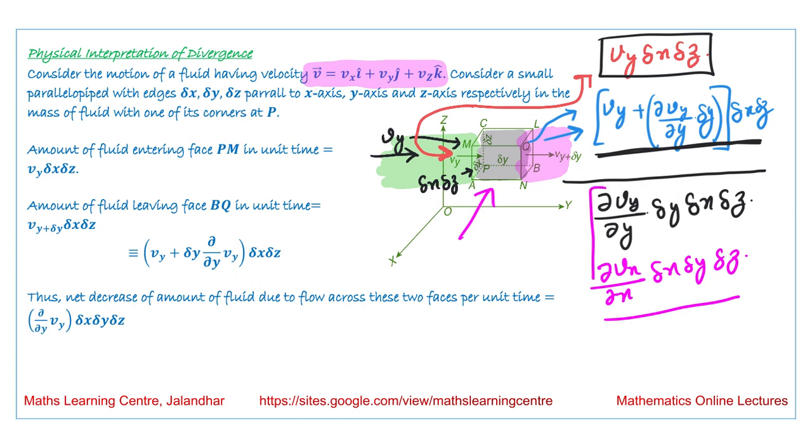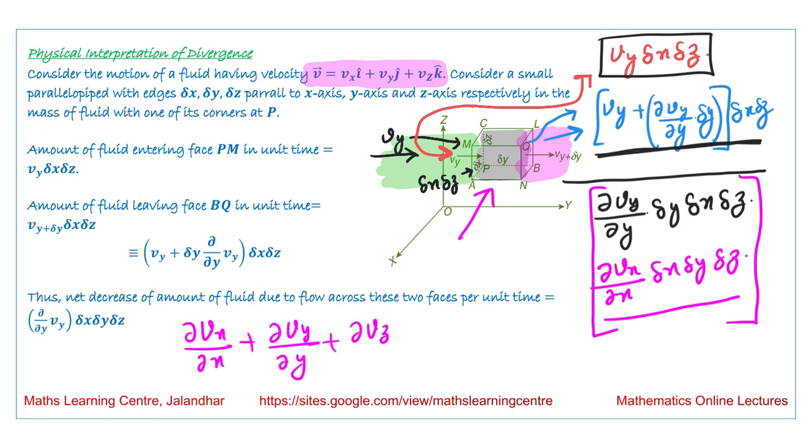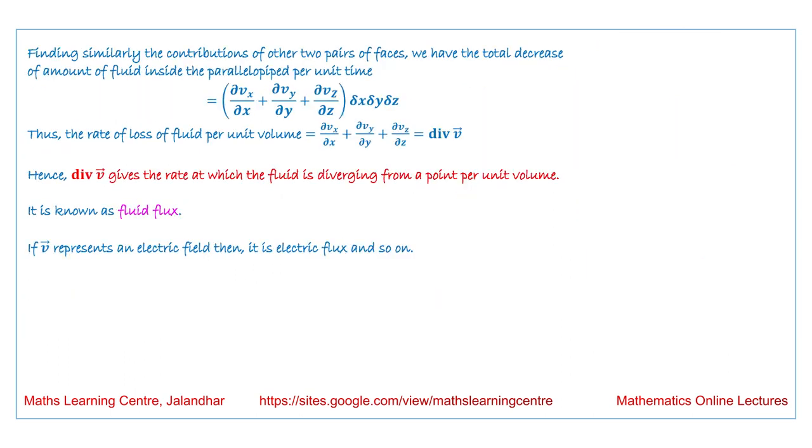So, the total change in the volume of the fluid is given by the sum of all these values, which is del vx by del x plus del vy by del y plus del vz by del z, into delta x delta y delta z. Now, this term is basically the divergence of V vector.